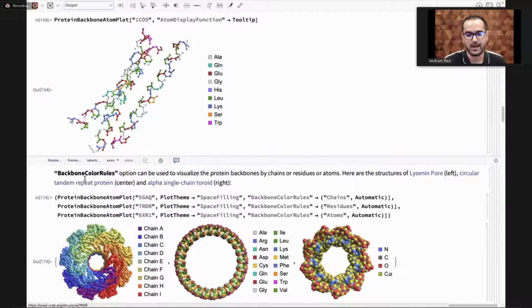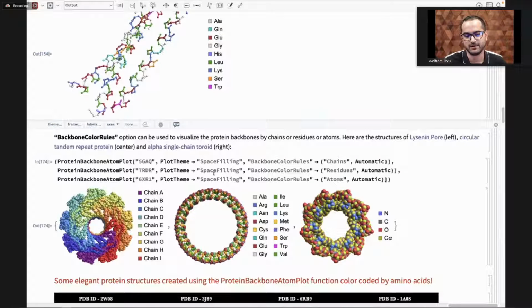The backbone color rules option allows you to do that, and you can also define a different plot theme. So these are 3 different proteins which are color coded based on chains. So this is the chain, if you use the backbone color rules as chain, or just the residue, as I explained before, or just the atoms, right?